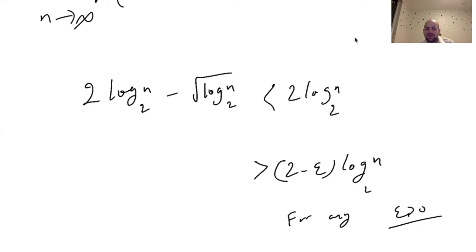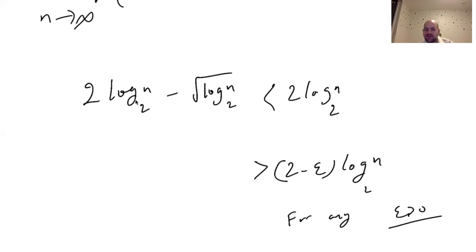Because look at the term that is deducted from 2 log n, it is root log n, which is a term of a much smaller order than log n itself.